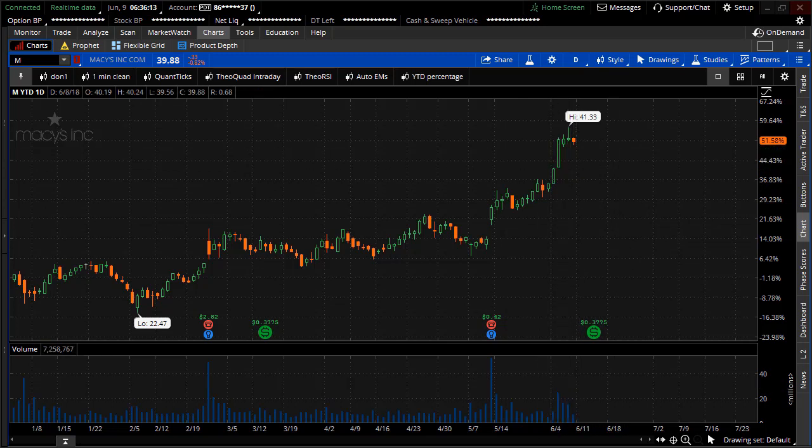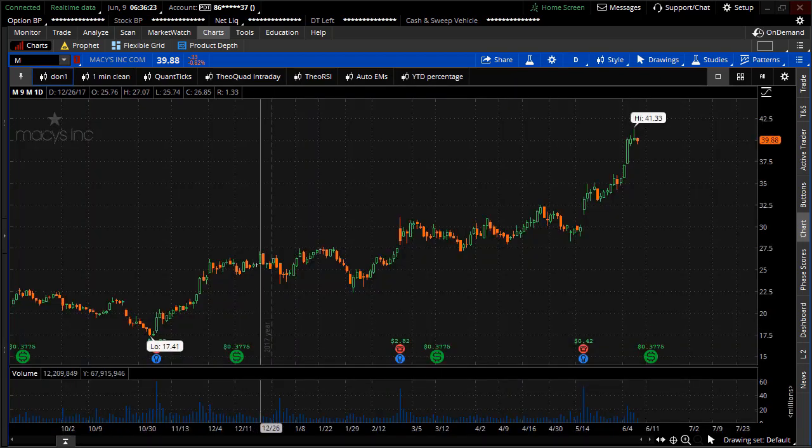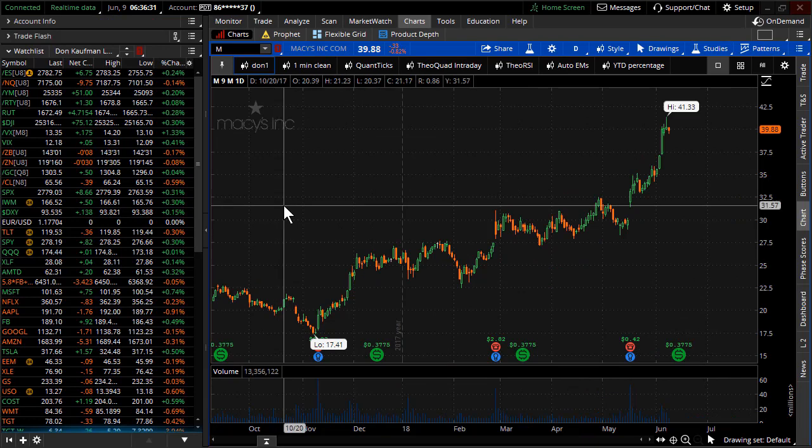When I say fade the move, it's just like it sounds. I'm looking for Macy's not necessarily to tank. All I need is this thing to come off mildly. I just need Macy's to come down. And this is a position that I'll talk about in much more extent throughout the course of this week at TheoTrade.